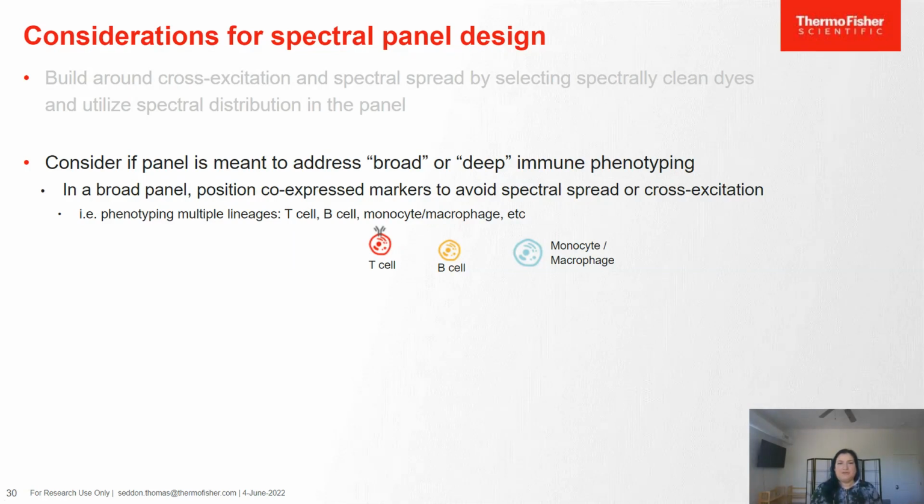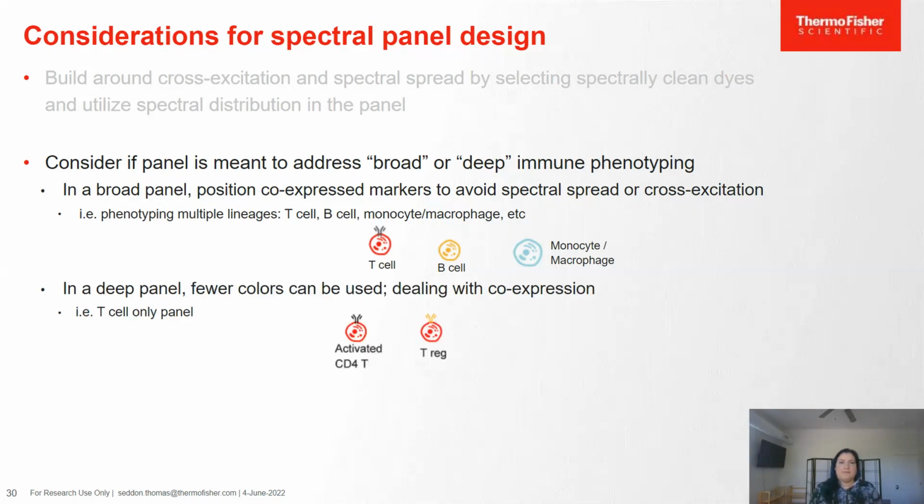An example of this might be looking at multiple lineages in a panel. So T cell, B cell, monocyte, macrophage, those are going to be expressed on different cell types. And so you can actually get around sometimes bad dye performance by positioning these on different cells so they won't be co-expressed. In a deep panel, fewer colors can be used, and you're often dealing with co-expression.